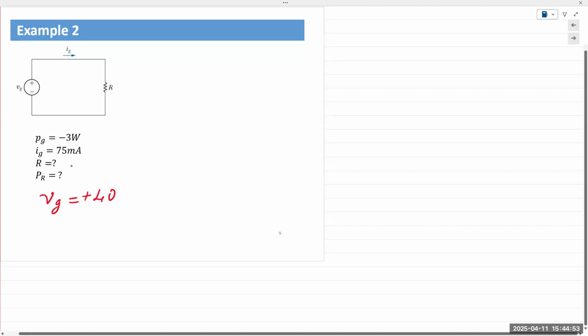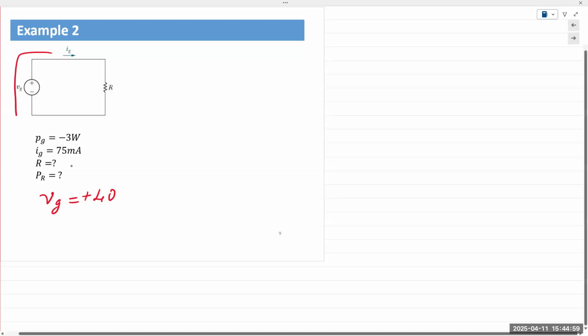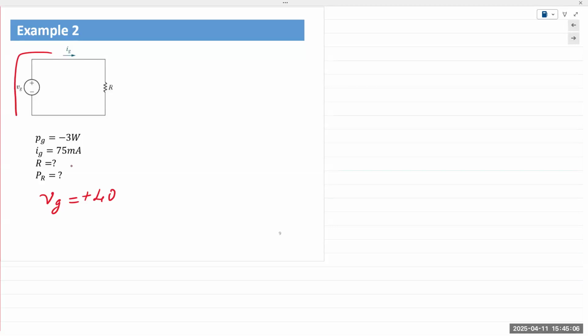It's negative just because if you extend this I, that I is entering the negative terminal, so power is negative. In general, all sources will supply power, so it's negative associated with the source and positive associated with the resistor.